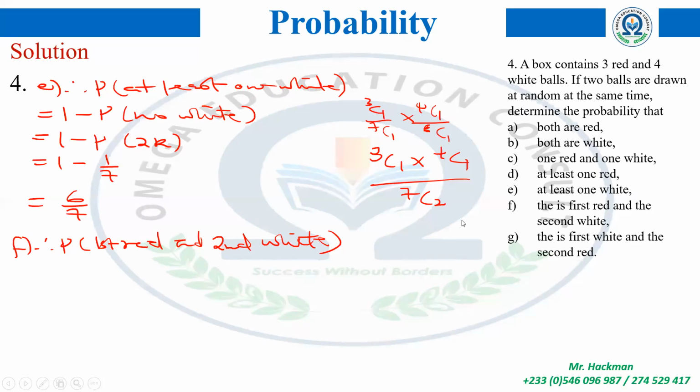But immediately you see that you cannot use combination, then you have to go back to factory settings, which is our usual approach. So what you have here will be equal to P, R sub 1 and W sub 2. Is that clear?